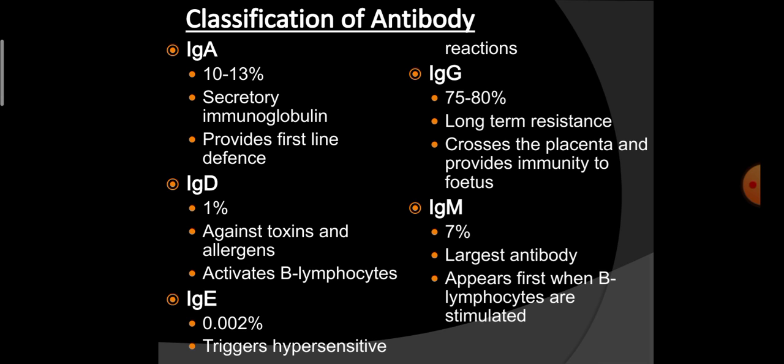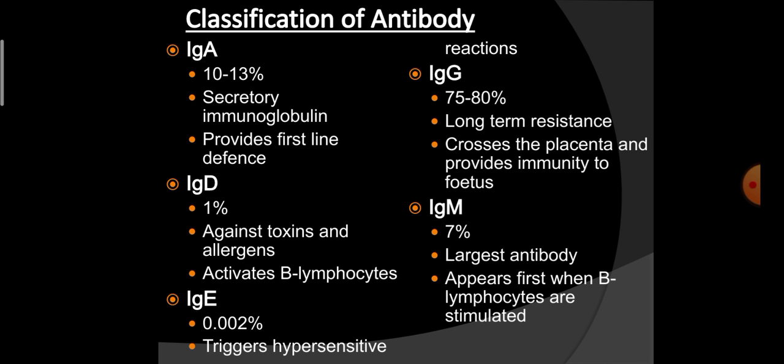Now coming to IgG, 75 to 80% of the antibodies is IgG, and it gives long term resistance. This is the only immunoglobulin which can cross the placenta, so it provides immunity to the fetus. IgG of the maternal antibodies can cross the placenta and provide passive immunity to the fetus.